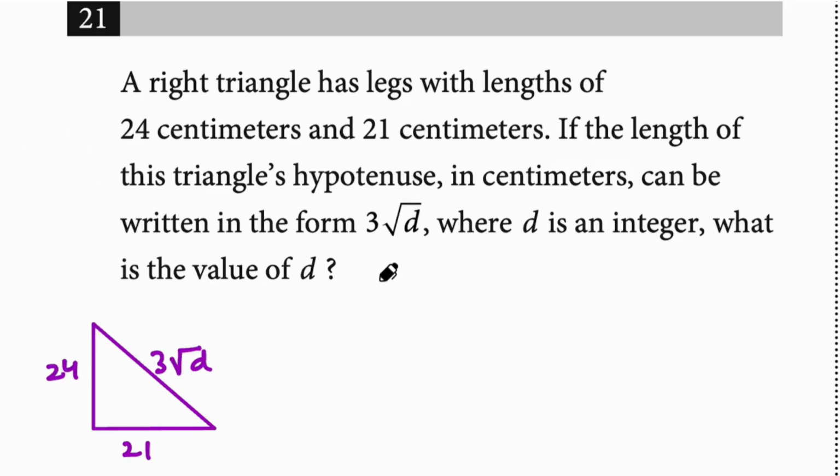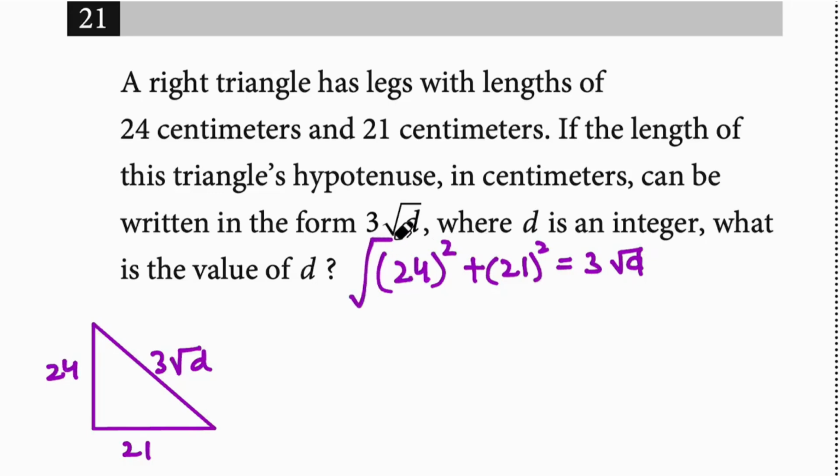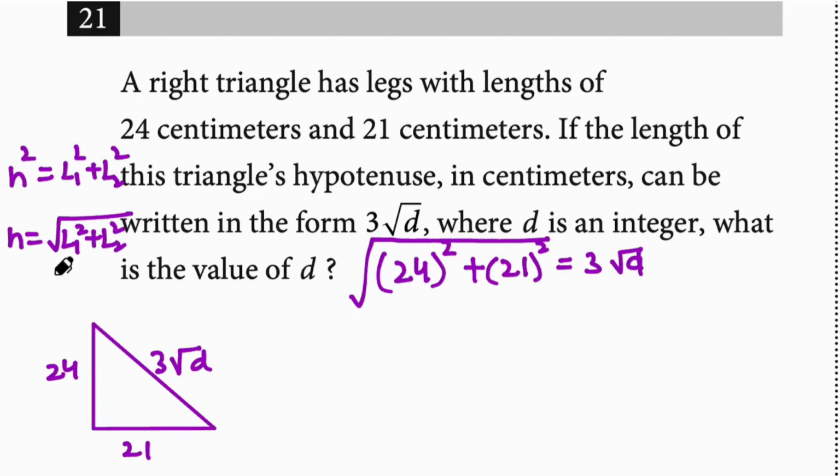So this is 24 squared plus 21 squared is equal to 3 square root of d squared. This is what the formula is, right? Hypotenuse squared is equal to first leg whole squared plus second leg whole squared. Now because this is the hypotenuse only, I have to take the square root of the right hand side.